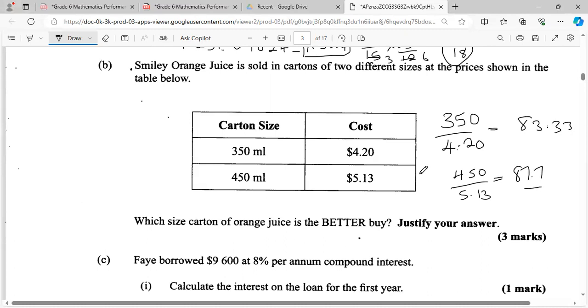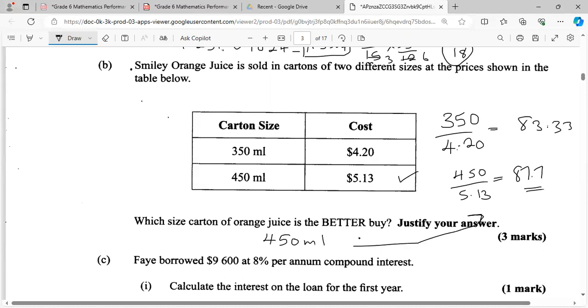This would be the better buy because $1 will give you more milliliters. So the better buy would be the 450. And of course, you could put a little note to justify it.